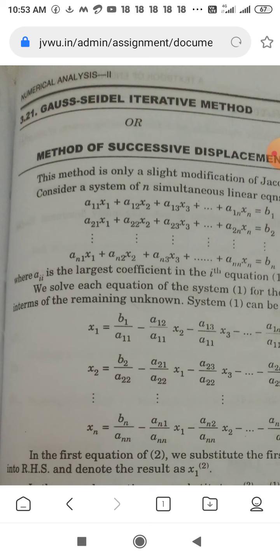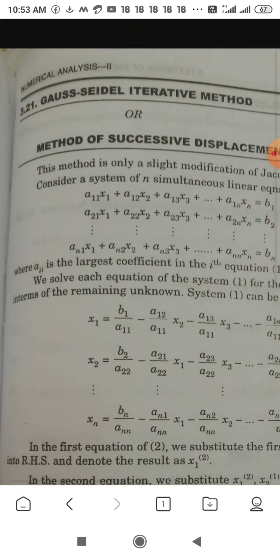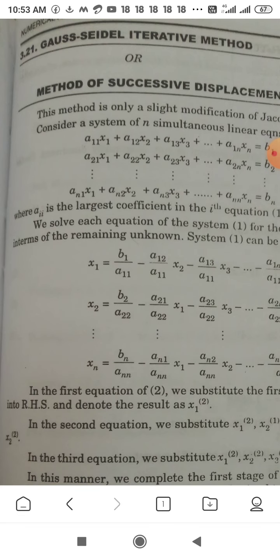Similarly, we find x2, keeping x2 on the left hand side and transferring all other variables and constants to the right. Similarly, xn can be found with the help of the nth equation, where xn is equal to all the remaining terms on the right hand side, and on the left hand side there is only xn.